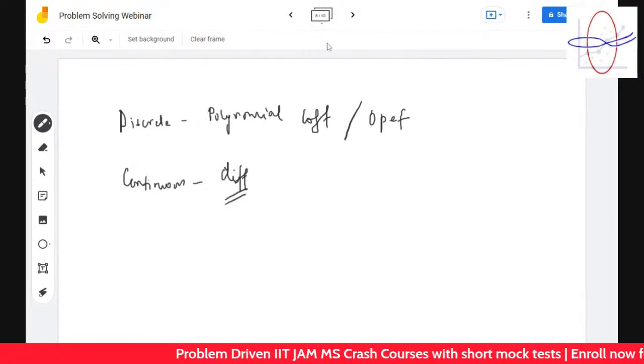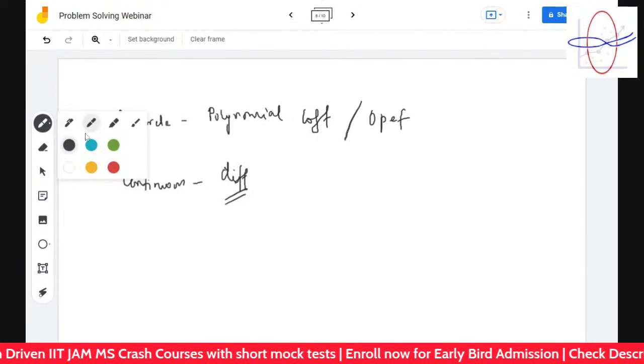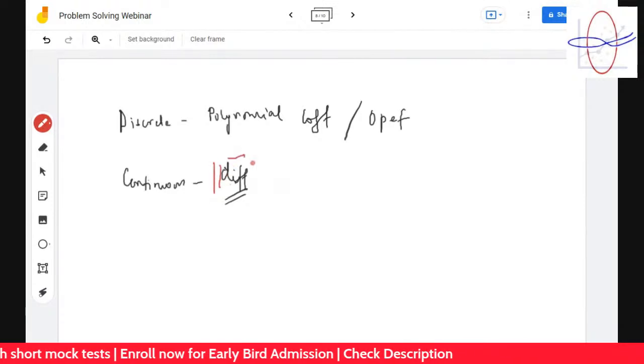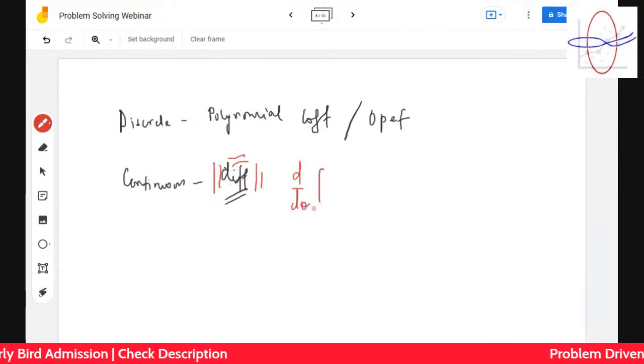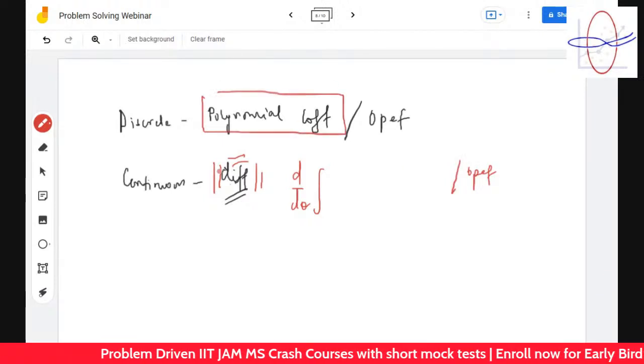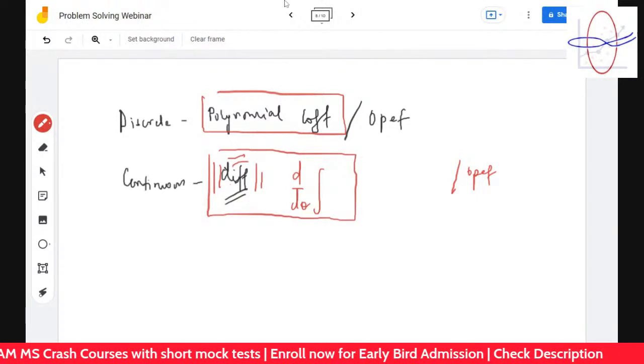There's also something called a Laplace transform or Fourier transform, but you will not be required to do that. So differentiation, like d theta of the integration, will lead to g is equal to 0. So polynomial coefficient comparison and this differentiation are the two usual methods, and we can show by them that the statistics are complete.